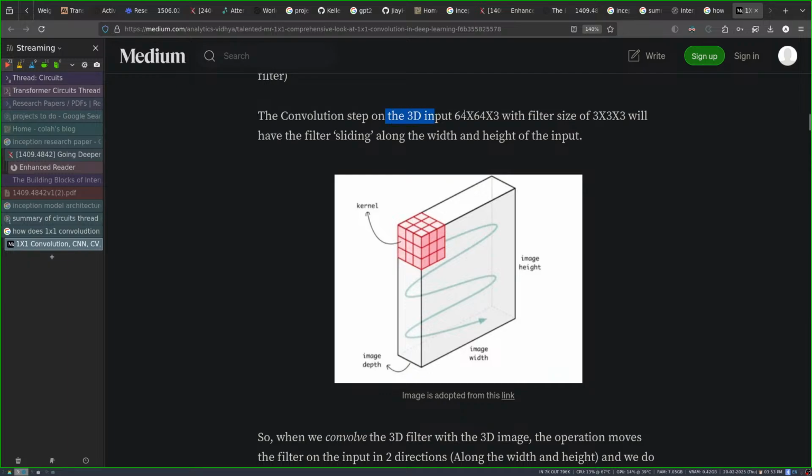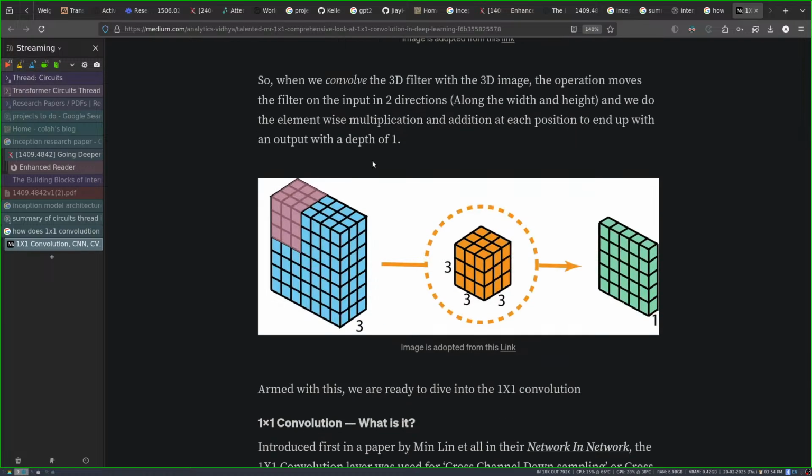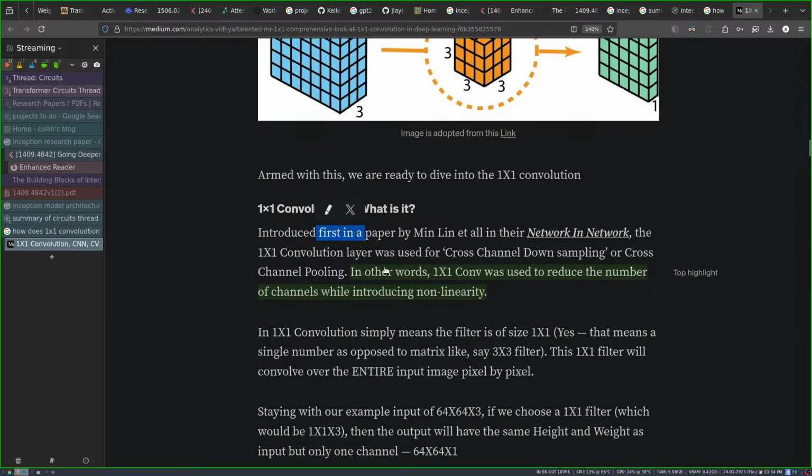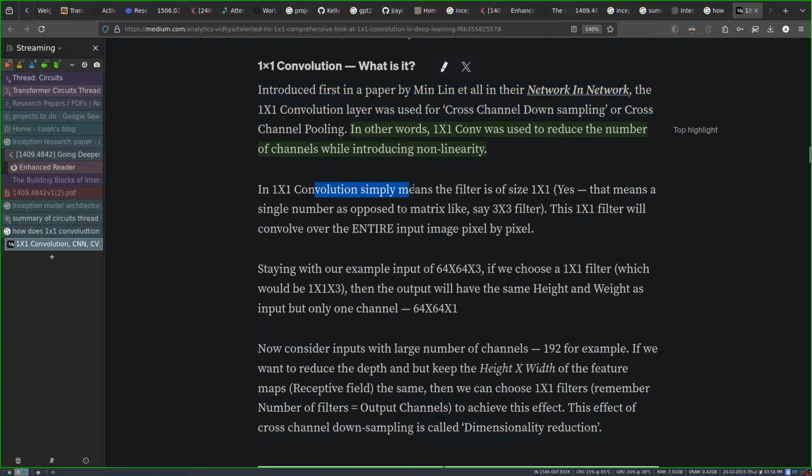Okay, a convolution step on a 3D input with a 3 by 3 by 3 filter will have the filter striding. In other words, one by one convolution is used to reduce the number of channels while introducing non-linearity. One by one means the filter size is 1, a single number as opposed to a matrix.